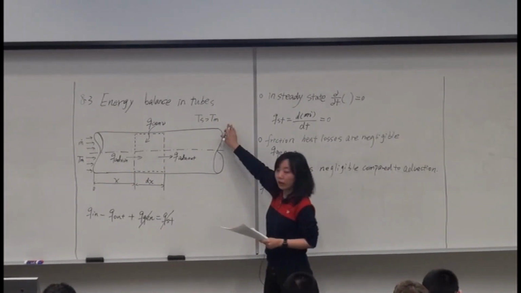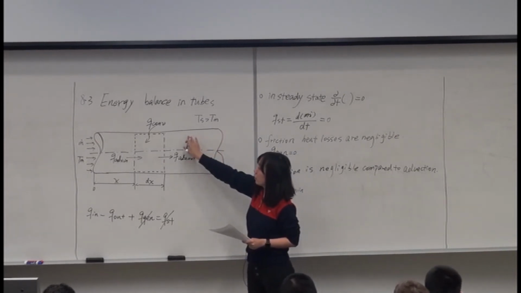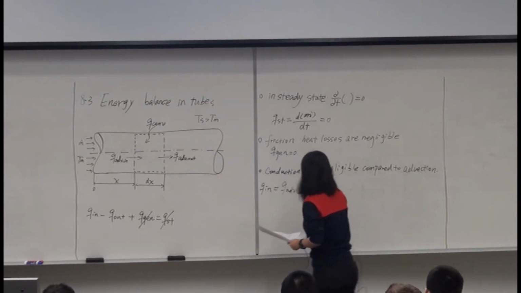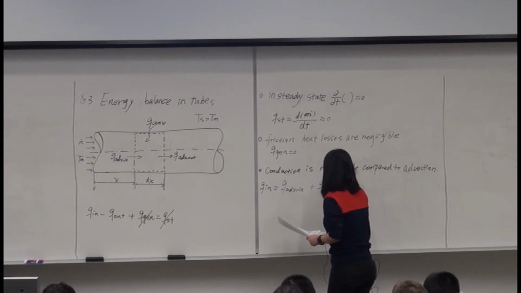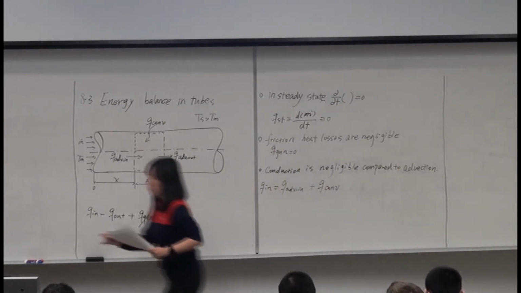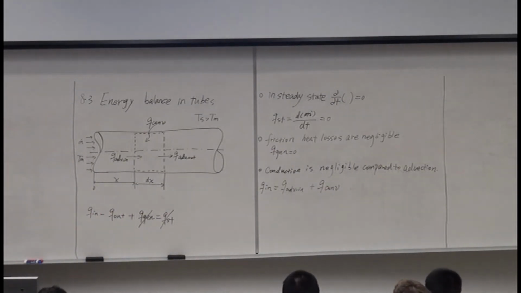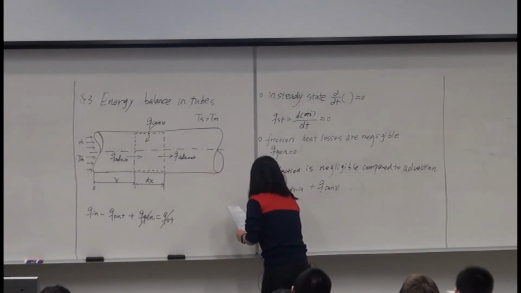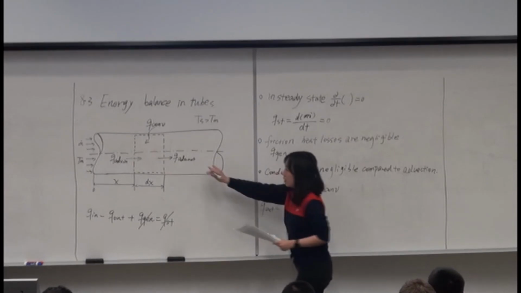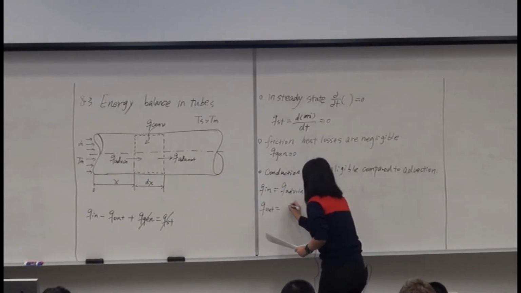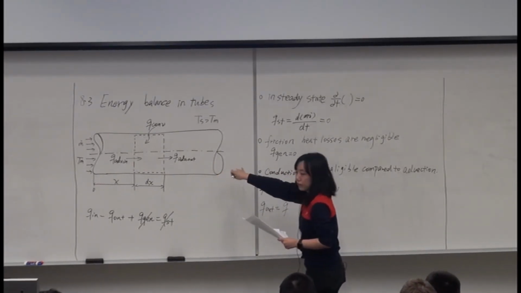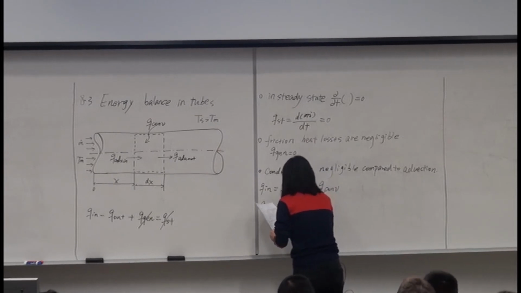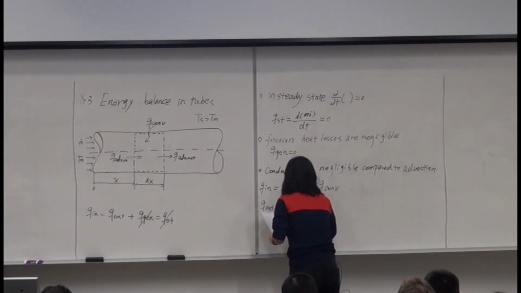And for a hotter tube, it gains heat through convection. And for Q out, it is just this term, the heat transferred out of the control volume by advection, Q advection out.